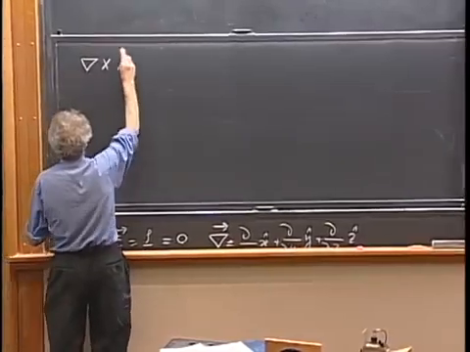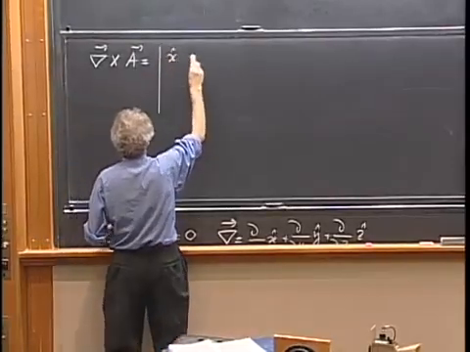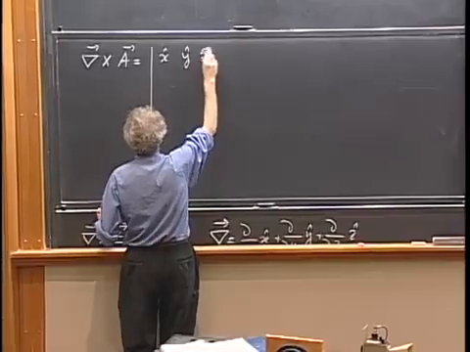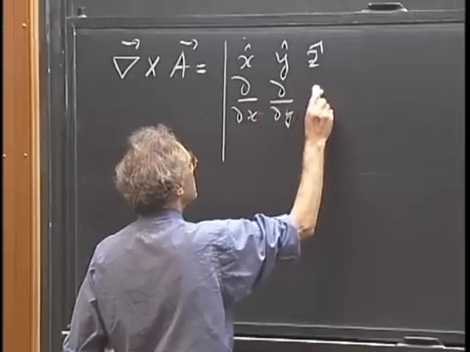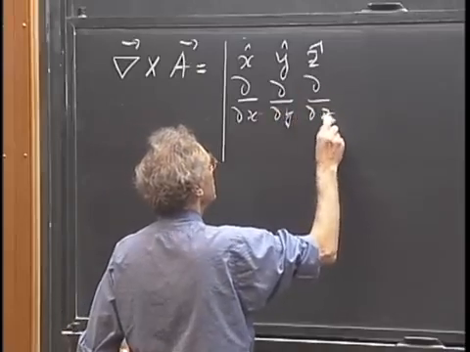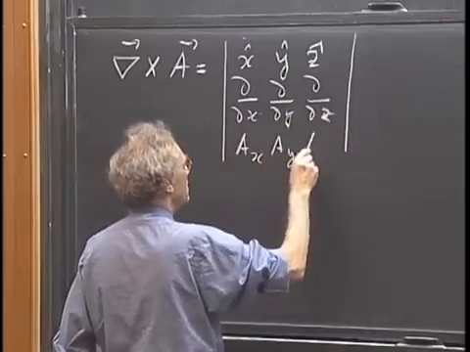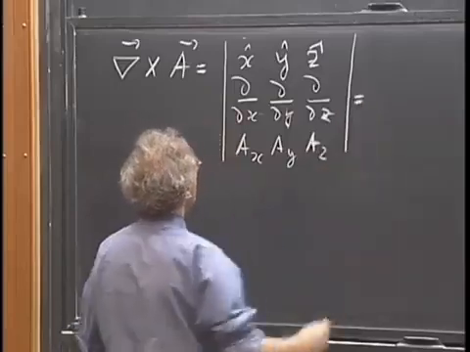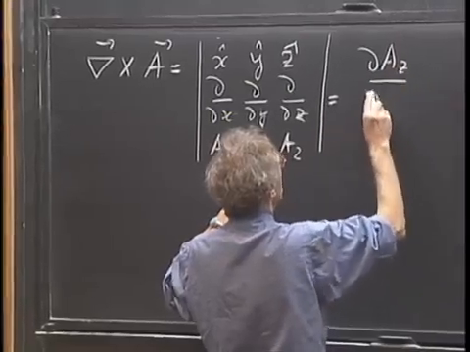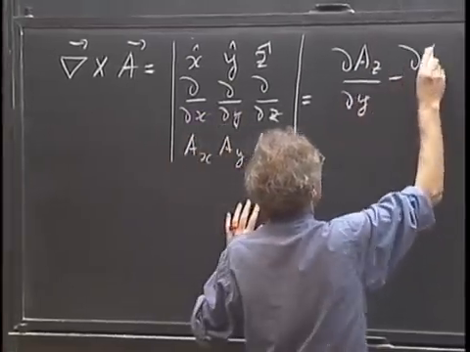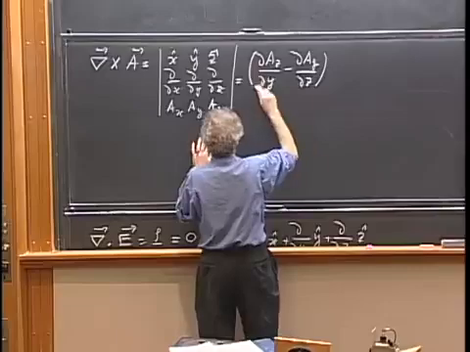The curl of A, the way I remember it, and you probably do the same: x, y, z, d dx, d dy, d dz, and then you get here ax, ay, az, and that then becomes daz dy minus day dz, and that is in the x direction.